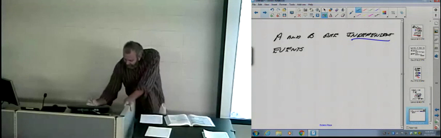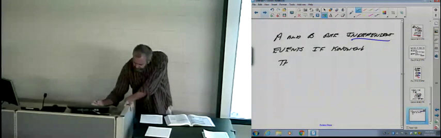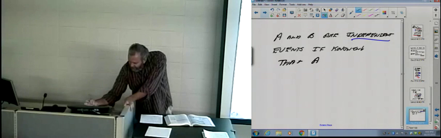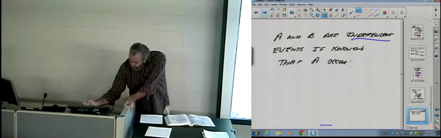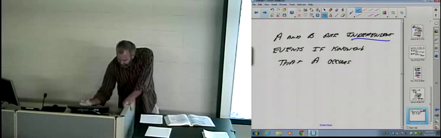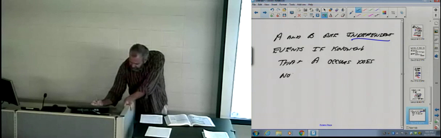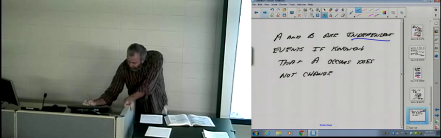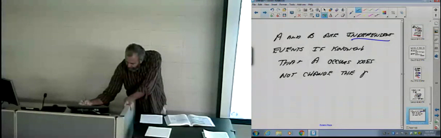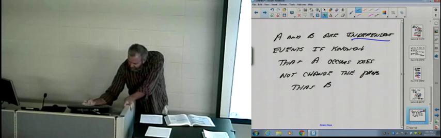Independent means if knowing that A occurs, in other words, you know the event A occurs, does not change the probability that B occurs.